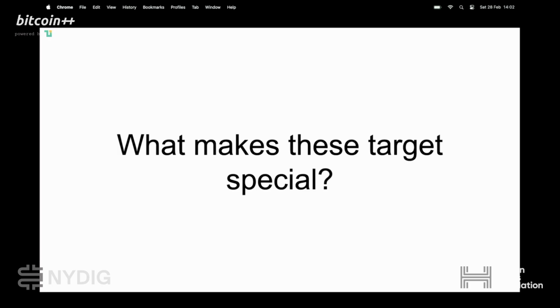But what makes these targets special? Because in that research, they said that for the TX verify functions and the fuzz target, it could detect only 12% of the mutants. And we saw that this is expected because of the nature of fuzz testing. But when I ran mutation analysis for other targets, I saw that some of them reached 100% or 70% or 80%.